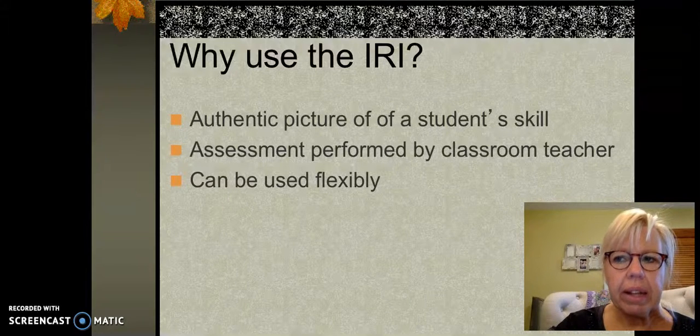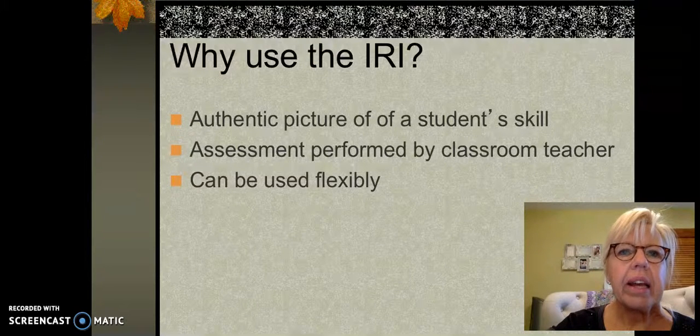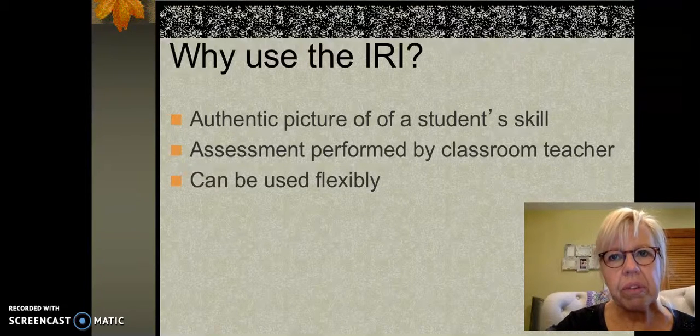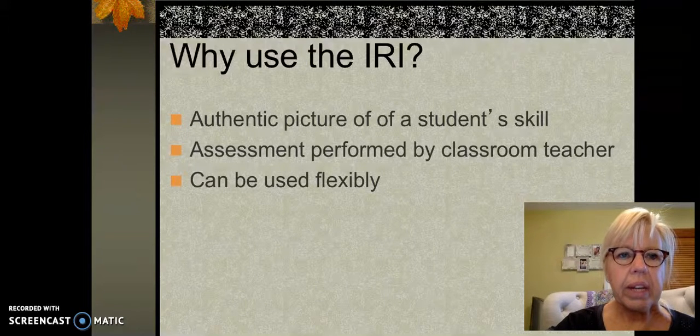But something, again, that I want to mention is that the QRI leads you to believe that if you're dealing with adult readers or high school readers, you don't need to listen to them actually read orally.